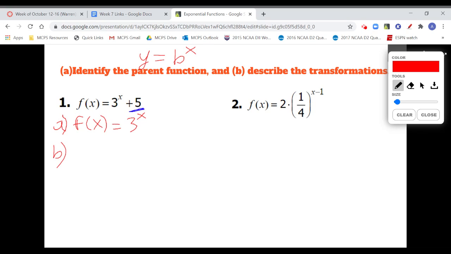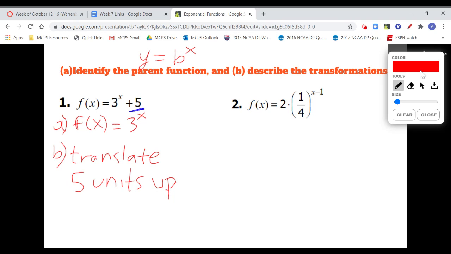And so that is essentially my k value or my vertical shift. And that tells me that I am translating 5 units up. And that's it for the first function. There's only one transformation occurring, so that makes it pretty simple.